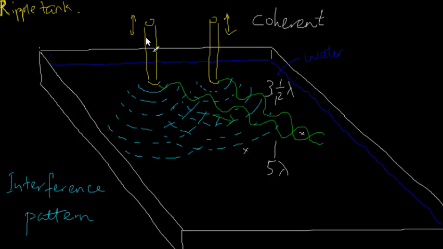There has to be a fixed relation between them. For example, they have to move up and down together, or maybe when one moves up, the other must always move down. Okay, then the pattern will be different, but it would also be coherent.